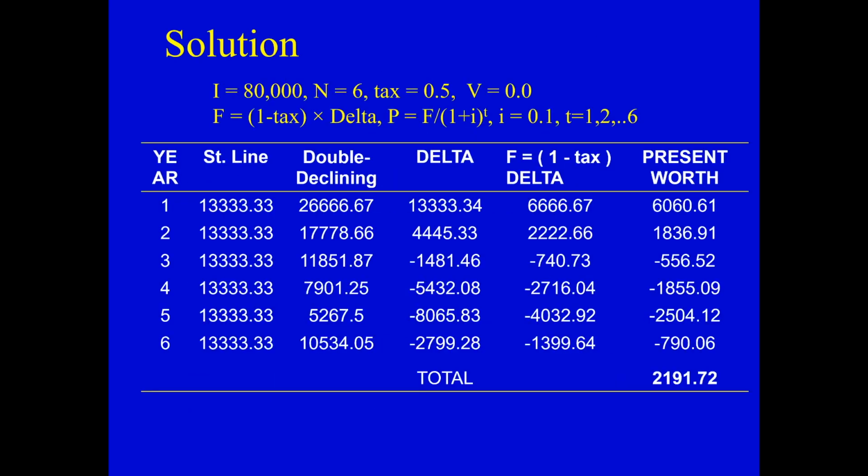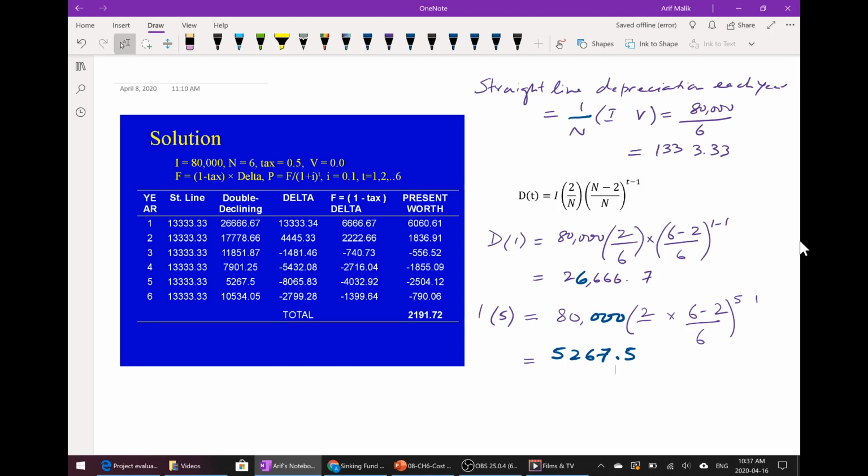So here we see the table which is showing how to calculate the benefit if we change from straight line to double declining balance method. In the first column we have years, and in the second column we have the straight line method.